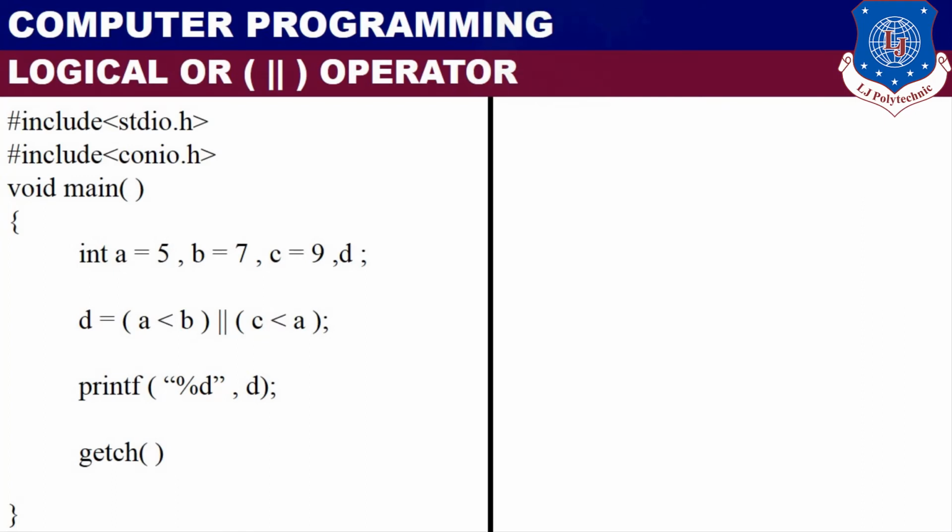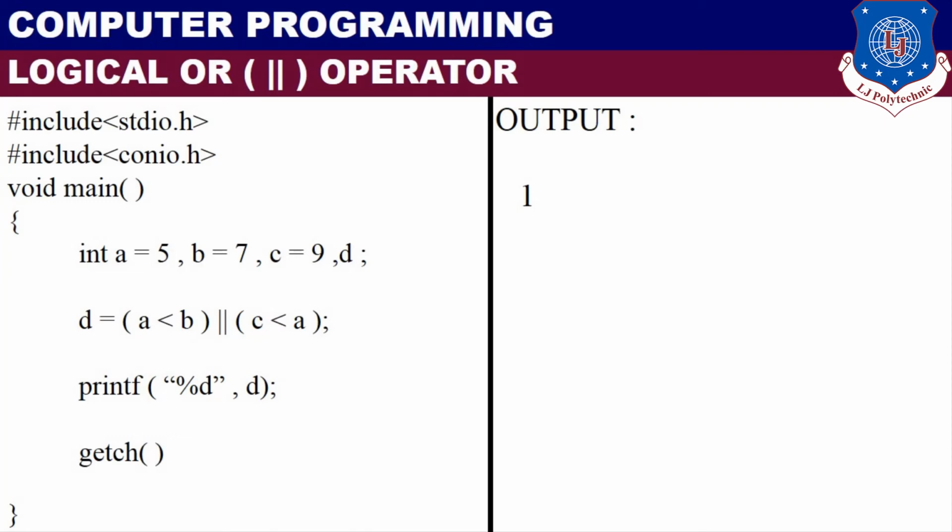We took an expression d equals a less than b OR c less than a. Now a less than b, 5 less than 7, which is true, OR c less than a, 9 less than 5, which is false. But what does the truth table say? If one of them is true, the answer will be true. So our answer, which is true, is going to be stored and shown in our output.